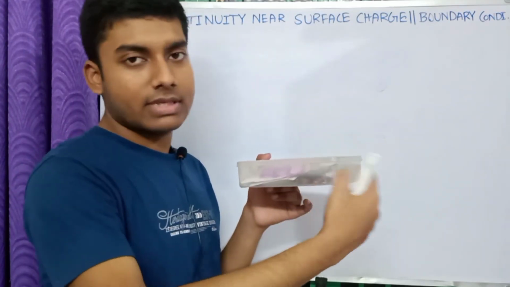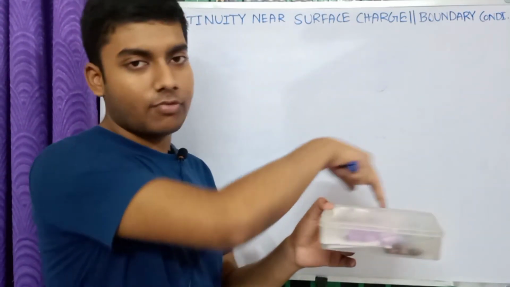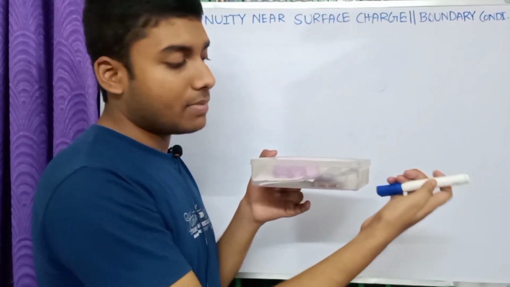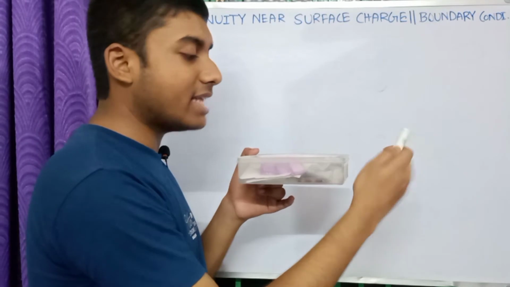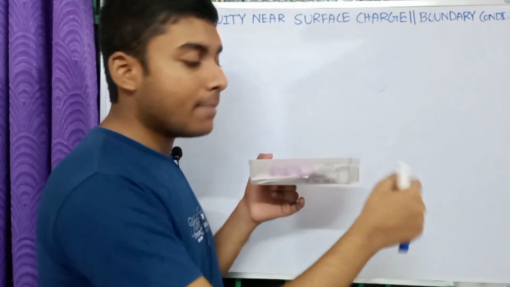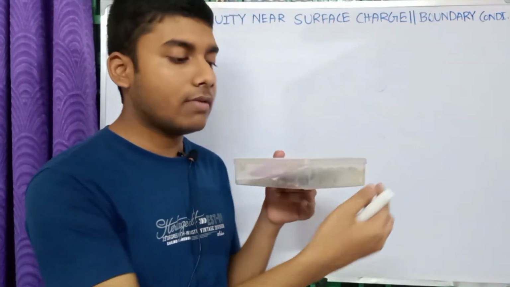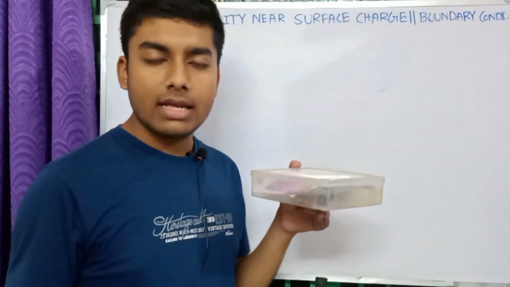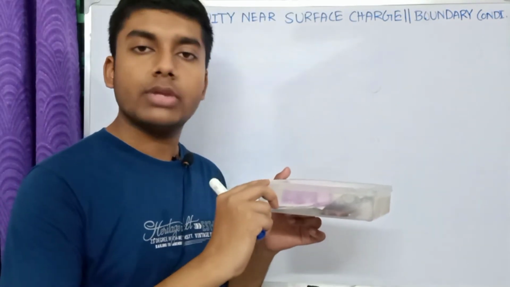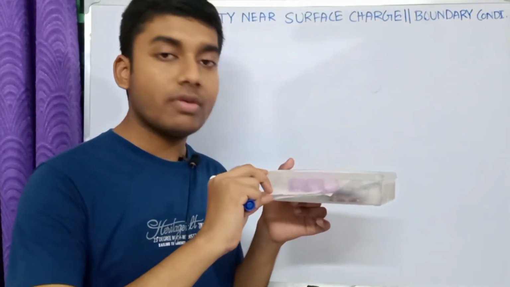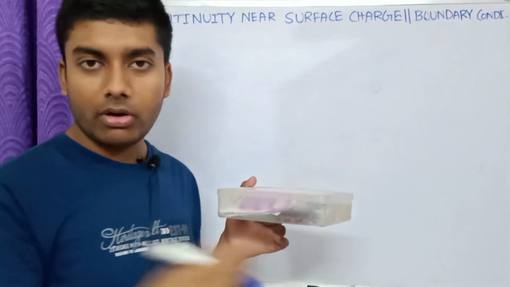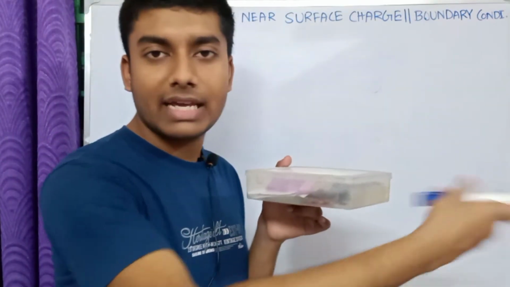And for these side surfaces, the surface area is in this direction and the tangential component is in this direction also, right? So you can think that for these surfaces we can easily calculate that, but you have to understand that this width is very small, so we cannot calculate like this.